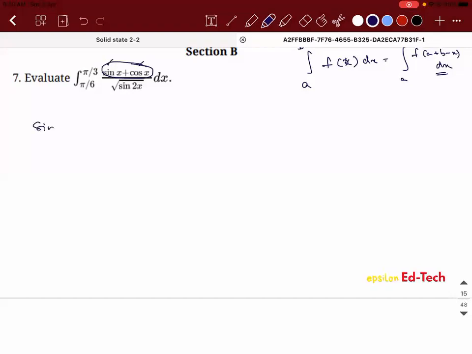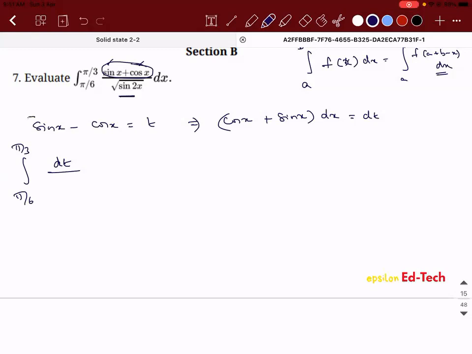That is, I can take sin x minus cos x as t. So when I do this, I'll get cos x plus sin x dx as dt. So integral of pi by 6 to pi by 3, cos x plus sin x dx is dt divided by, how to solve this root sin 2x?